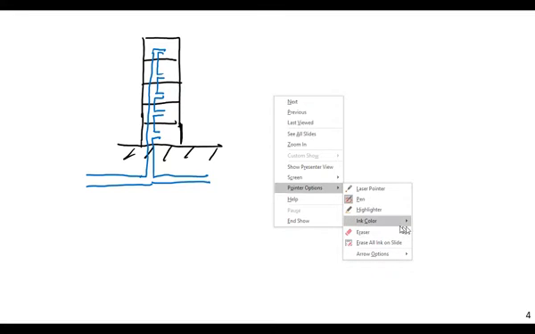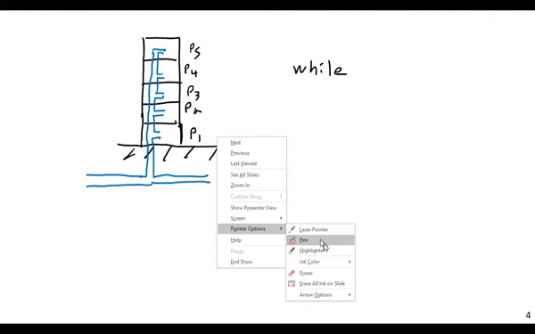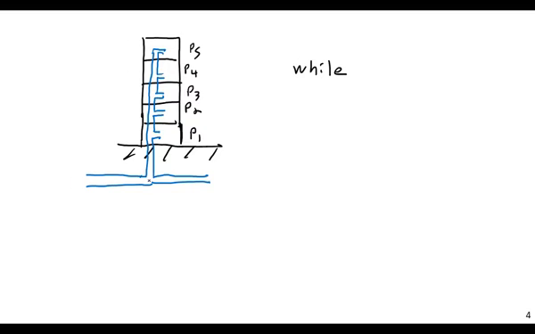Now, here again, there'll be a P1, a P2, P3, P4, P5, etc. Now, while water is in pipes, and maybe down here at the ground pipe level, maybe P naught here.